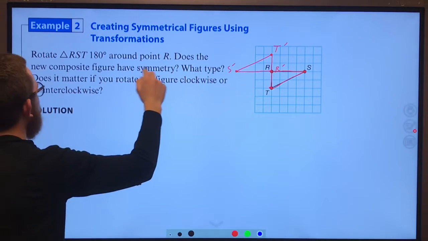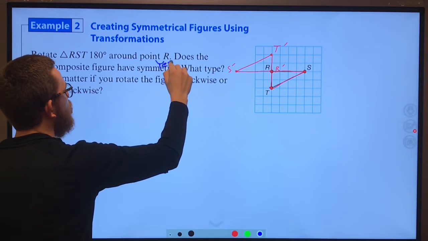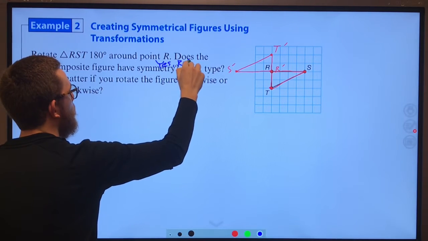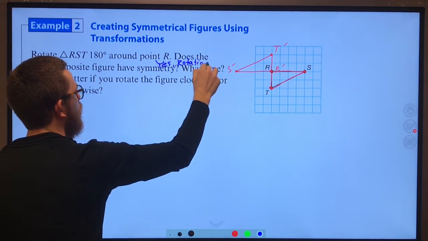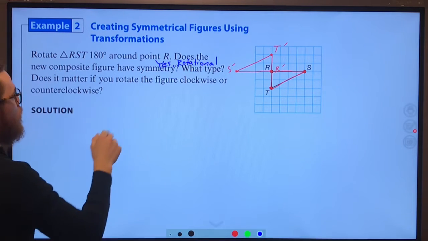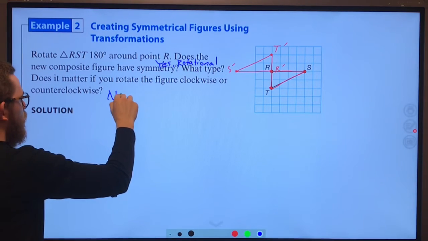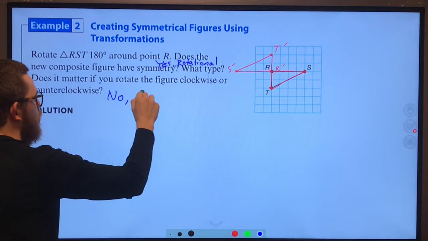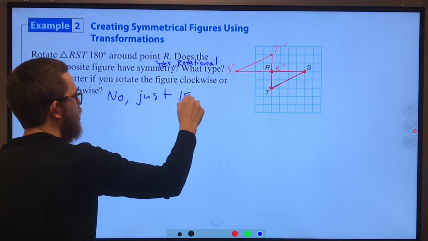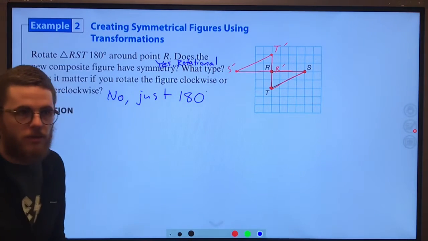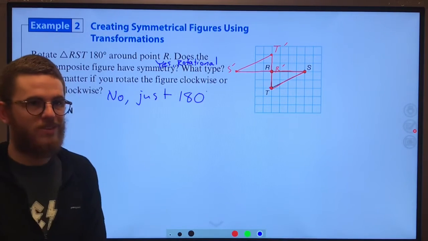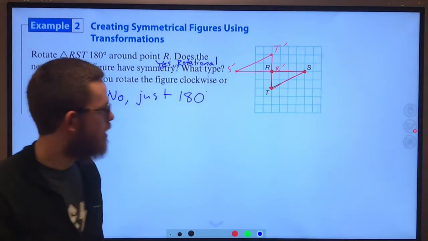So yes, it does have rotational symmetry. Does it matter if we rotate it? No. Just as long as we rotate it 180 degrees. If we rotate 180 degrees, it's going to coincide with itself.